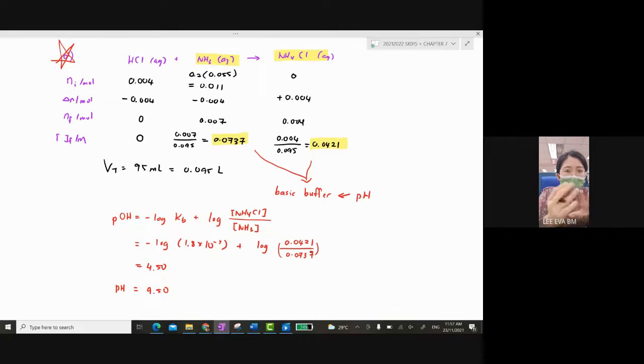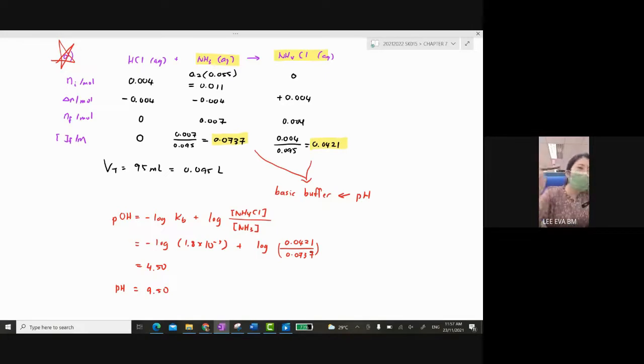Okay, so far, any questions until this part? Madam, so for the sketching part, we need to calculate the final pH, is it? Final pH, you don't have to, because this one has already given you the extra titrant.